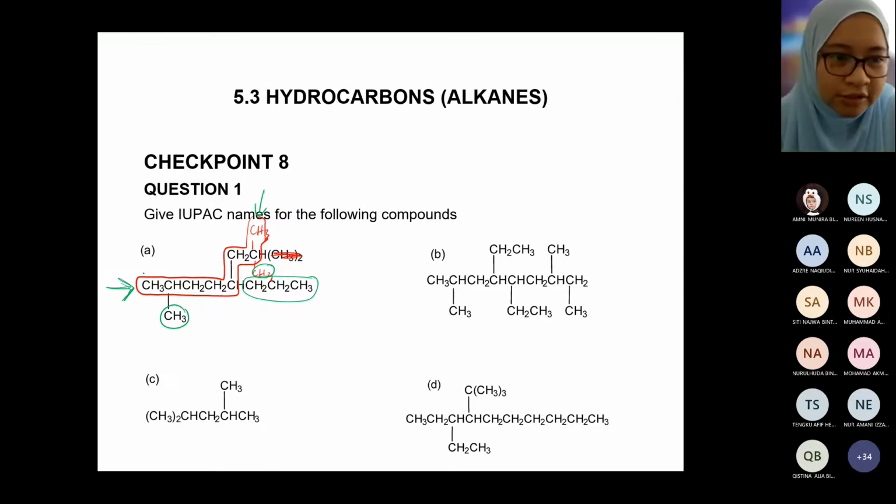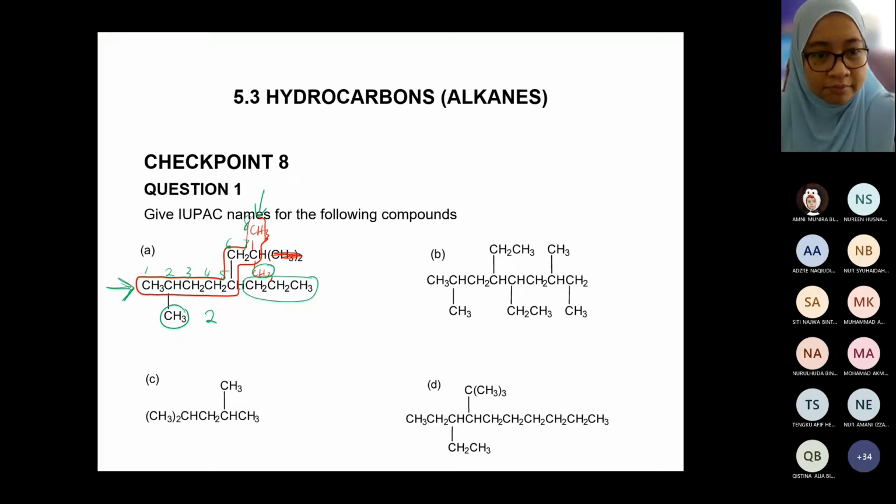If we start from there, 1, 2, 3, 4, 5, 6, 7, and then this is the 8th carbon. So if we start from here, we get 2. At carbon number 2, we have a methyl group.